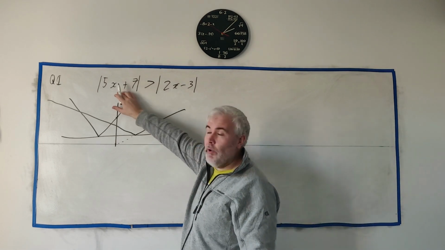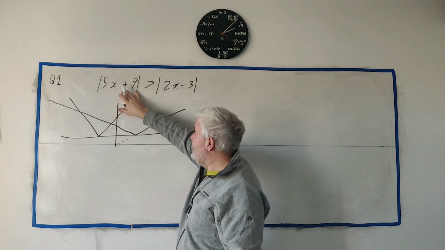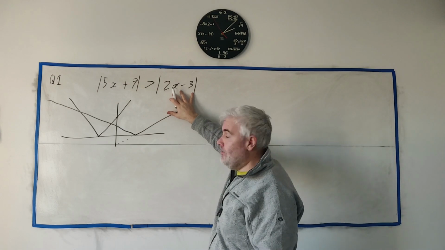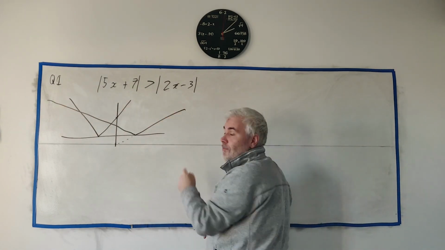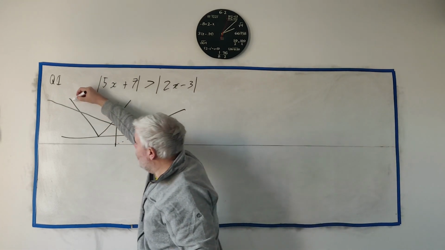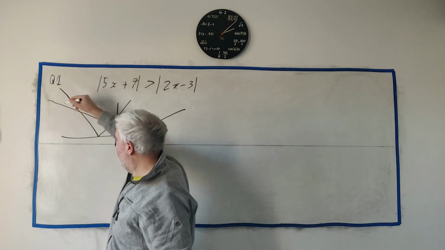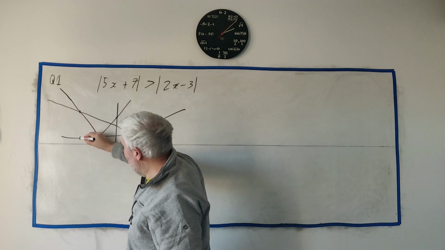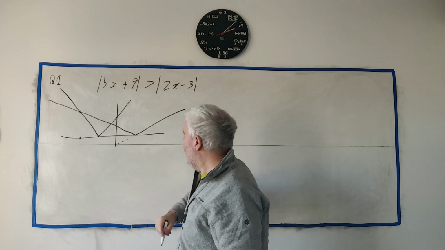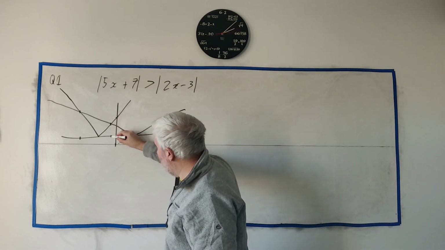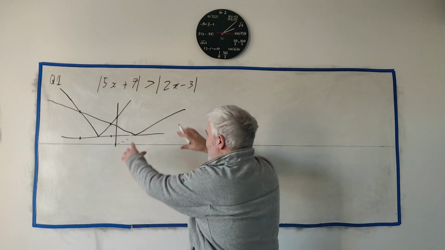Because now if we read this question again, it says that this is bigger than this. So that's this graph has to be bigger than this graph. Where is that true? Well, it's true everywhere to the left of this point. So whatever that number is, everything below that, this is true. It's also true everywhere above this point, because these will never meet.